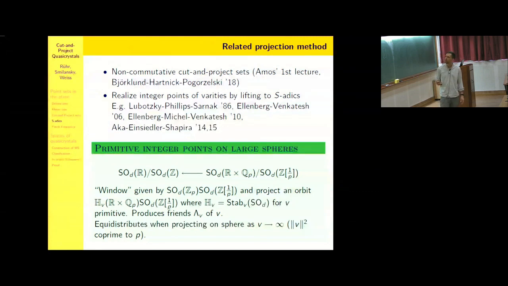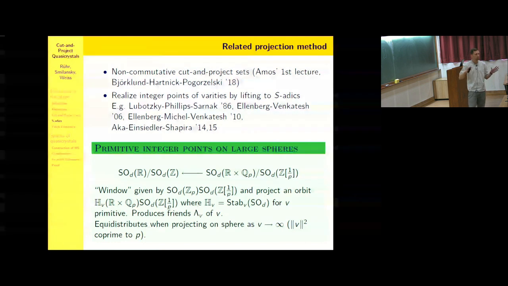And there's a paper by Ellenberg and Venkatesh who pointed out that homogeneous dynamics can really be used to study various problems. One in particular I want to mention is the problem of finding and counting primitive integer points on large spheres. This was studied recently by Aka, Einsiedler, and Shapira. The sphere is some homogeneous space.